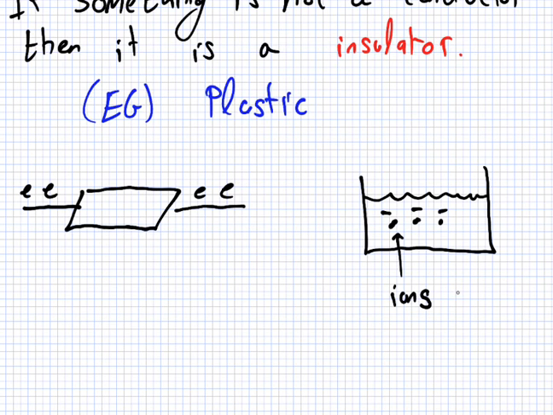More. So maybe it has an extra electron. So this is how the charge can move through the liquid then. So I just need to give you some vocabulary. This is called an electrolyte. The liquid is, yeah.